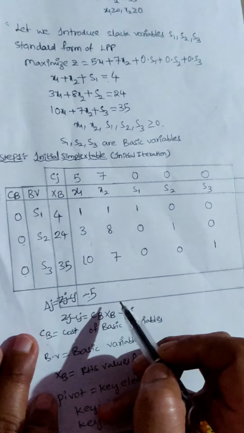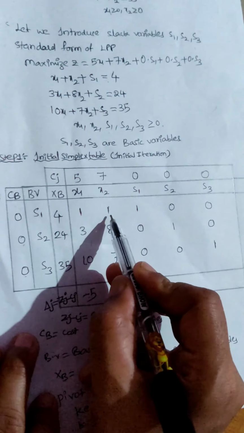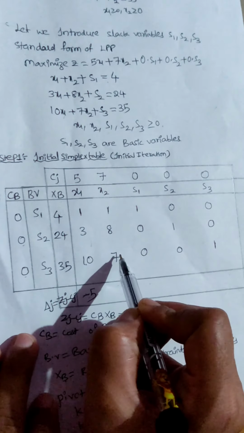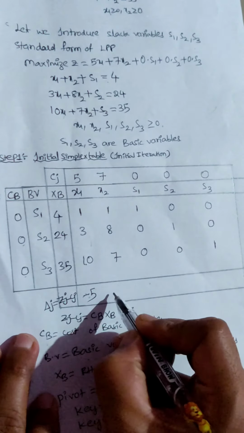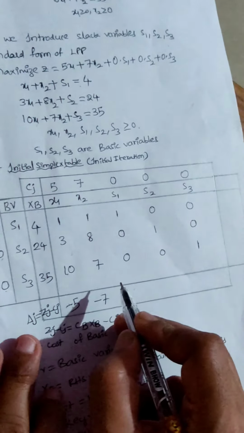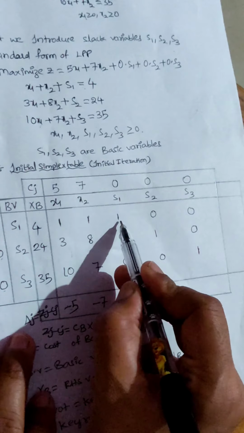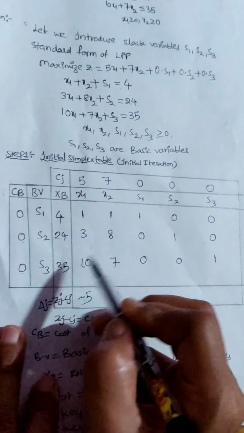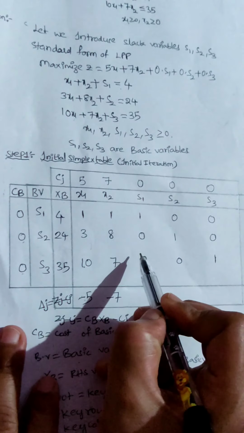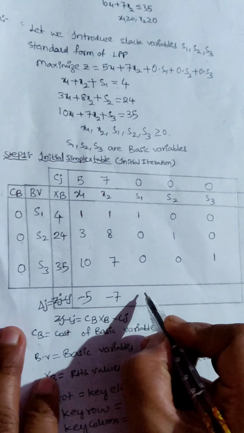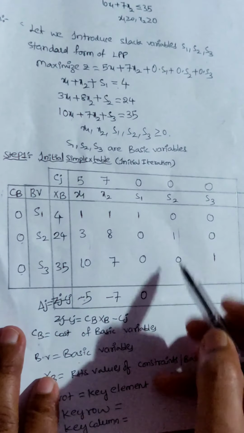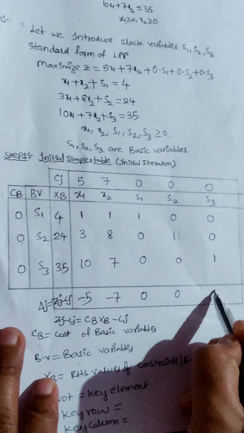Similarly for this x2, 0 into 1 plus 0 into 8 plus 0 into 7, 0, 0 minus 7 is minus 7. Next 0 into 1 plus 0 into 0 plus 0 into 0, all 0, 0 minus 0 is 0. Similarly, this we get 0, 0.